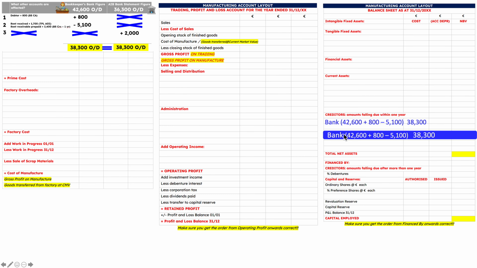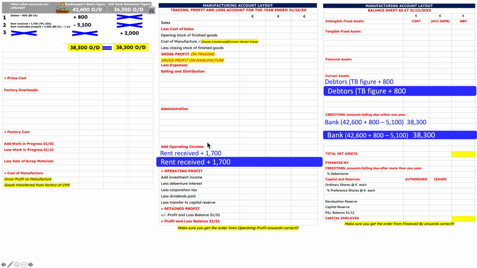So we have here bank 42,600 plus 800 minus 5,100, that's 38,300. That's the bank done. Then to the debtor we'll add 800, and then we'll put rent received for the 2 months of the year, 1,700, into add operating income in the TPL, and then rent receivable prepaid is 3,400. That's 4 of the 6 months.